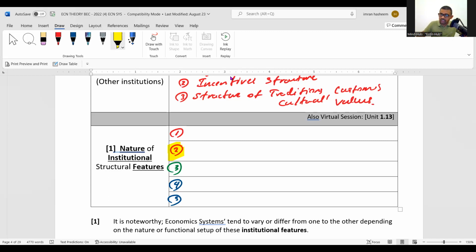But can we quickly recall before we go to the slide? Remember, the first one was about the nature of resource ownership. The second one was about the mechanism of resource allocation, a method of resource allocation.